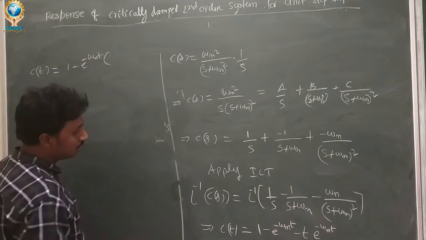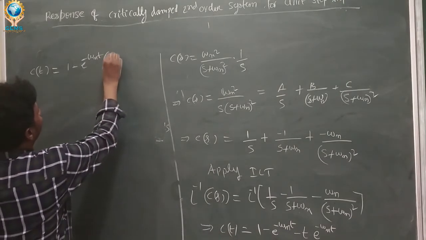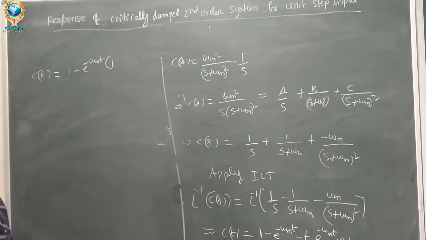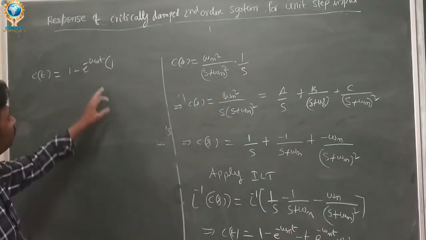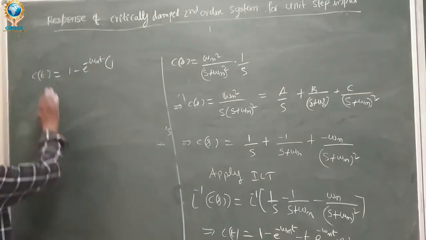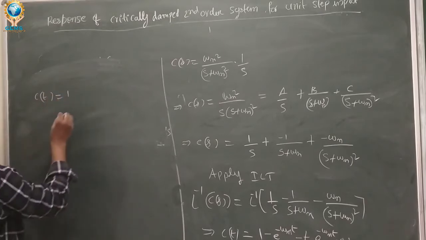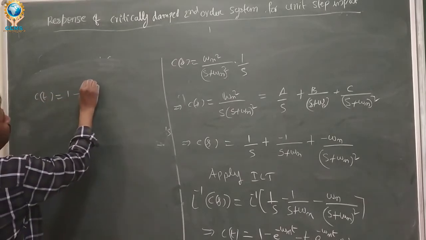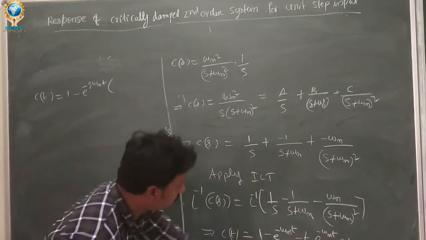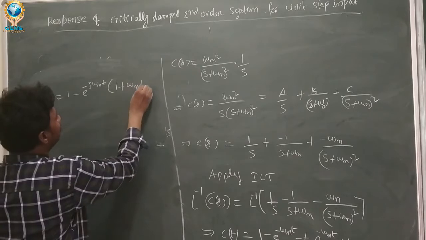Now we are going to take the common here, minus e raised to minus zeta omega n t. Here C of t is equal to, you take common, so when you take the common here, you will get 1 plus omega n t.